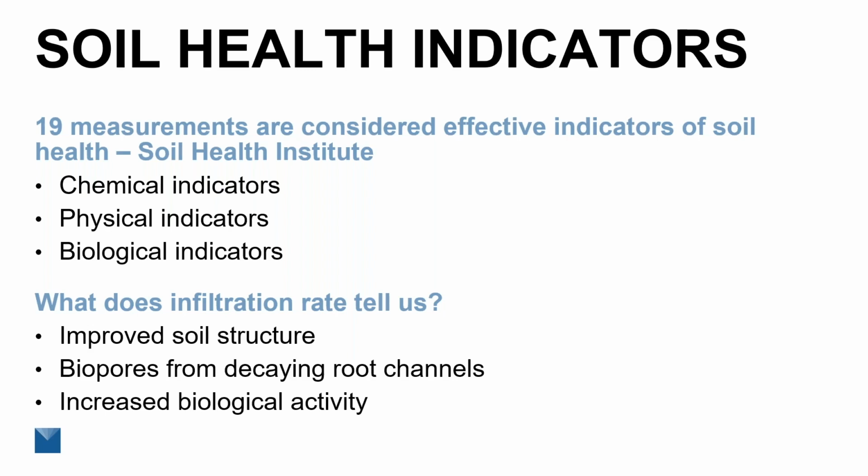So we have more worm activity and more fungal activity, which is of course leading to better soil structure because it's helping with the aggregate stability. All of these things are indicators that we have a much healthier soil, which will lead to a more long-term productive field. And this is some of the work that's being done, and this is one of the ways that infiltration or hydraulic conductivity is being used to help us assess soil health.